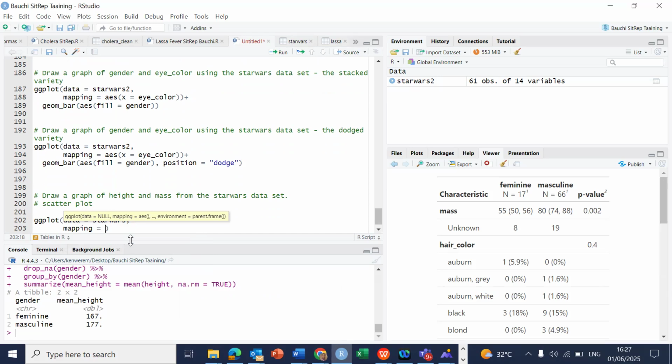When you're drawing a graph that has something on the x and y-axis, usually you have the independent variable on the x-axis and the dependent variable on the y-axis. So x-axis is independent, y-axis is dependent.